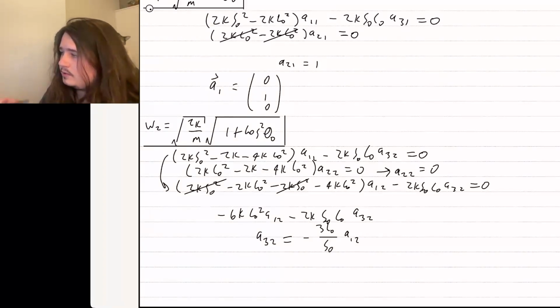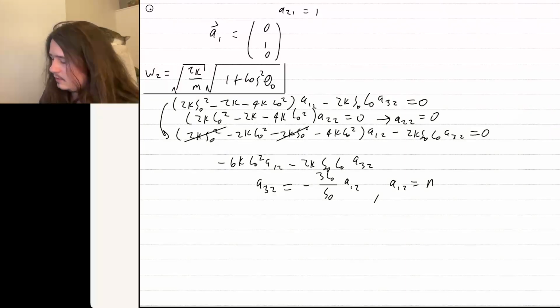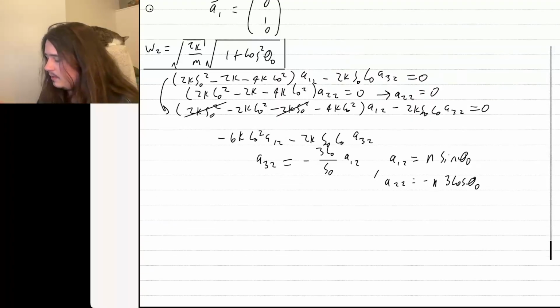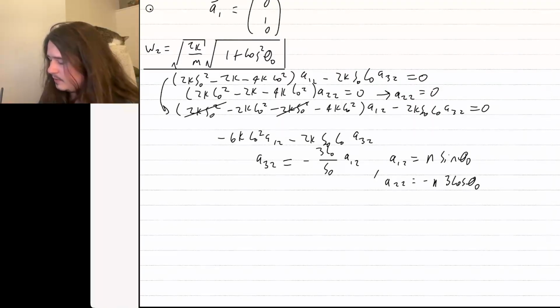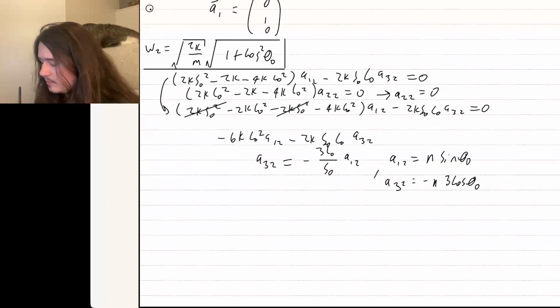So again, we can just call a12 some normalization constant n times sine theta naught, and then a22 is minus some normalization constant n times 3 cosine theta naught, just following from that equation there. And that's 3, 2, mind you. And then we're going to have to normalize this. This is a non-trivial normalization thing.